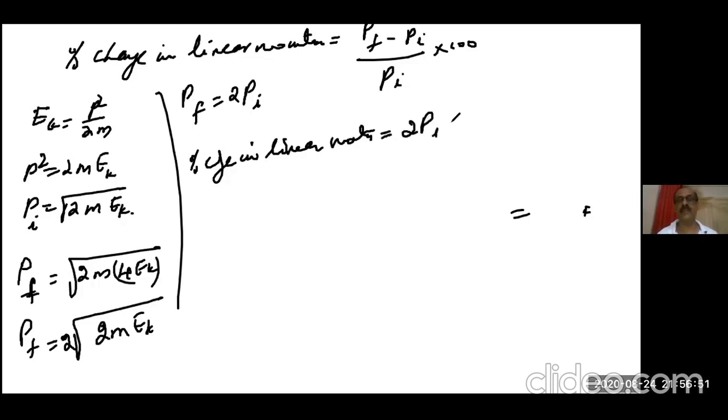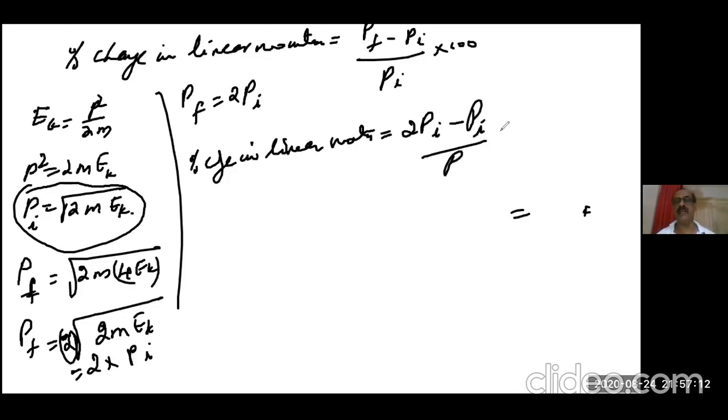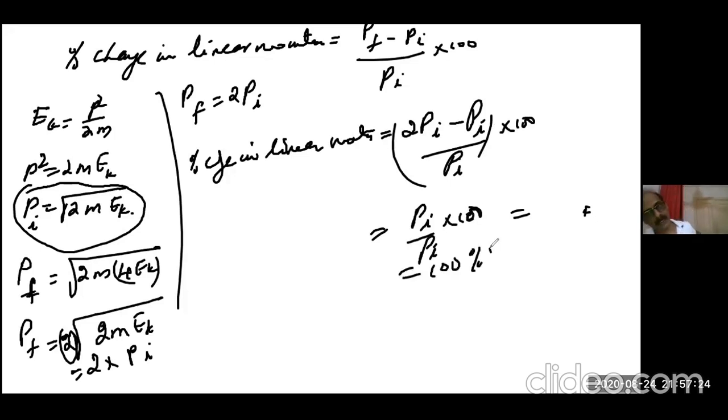PF is 2 into root of 2 m EK, and this one is PI. So the percentage change in linear momentum is 2 PI minus PI divided by PI into 100. 2 PI minus PI is 1 PI, divided by PI into 100. PI will cancel out here, so that means 100%.